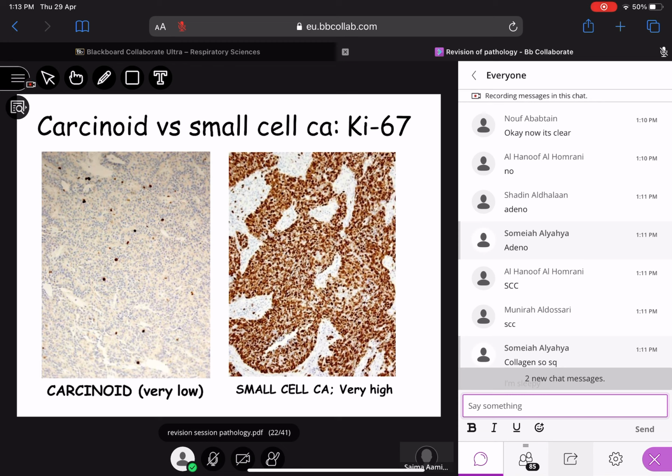So you can compare here. Which tumor is this? This is a stain for Ki67. Carcinoid or small cell? This one is small cell, because it has a very high Ki67 index, and this one has a very low index, you can see only a few brown dots here and there. So it is carcinoid.